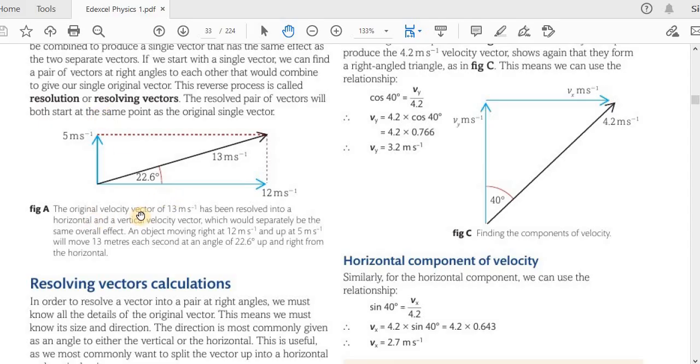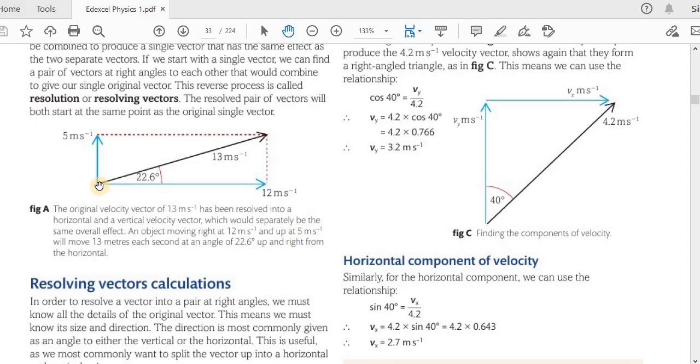So here the original velocity vector of 13 meters per second has been resolved into a horizontal and a vertical velocity vector, which would separately have the same overall effect. An object moving right at 12 meters per second and up at 5 meters per second will move 13 meters each second, that is 13 meters per second, at an angle of 22.6 degrees up and right from the horizontal.